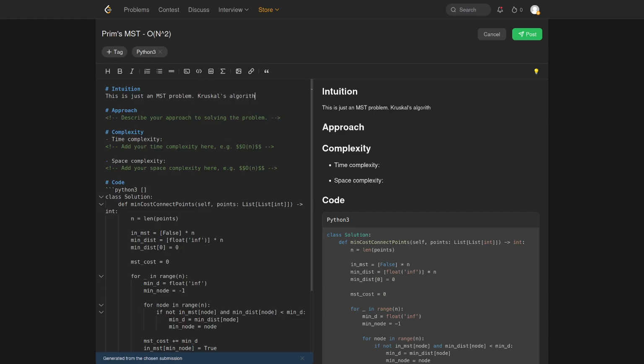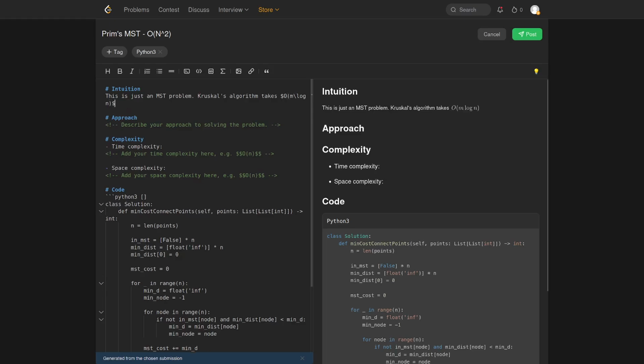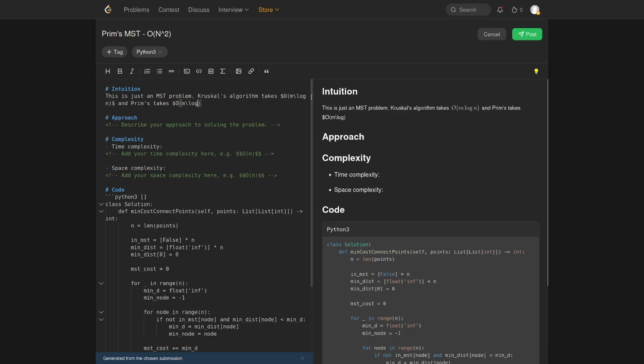Kruskal's algorithm takes O of n log n, and Prim's takes O of m log m.